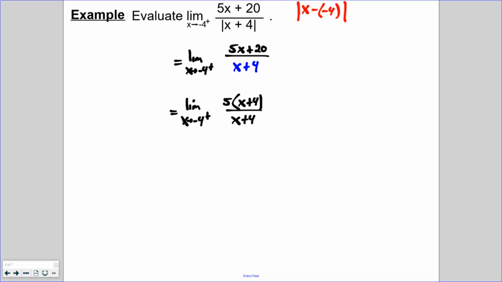And here we can see we have a common factor in the numerator and the denominator, so those will cancel out, leaving us with the limit as x approaches negative 4 from the right of 5. And the limit of a constant is just that constant, meaning that this limit is going to equal 5.